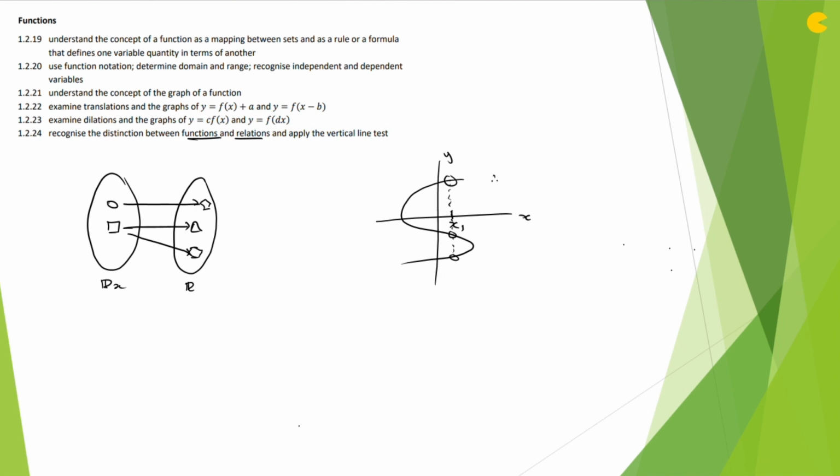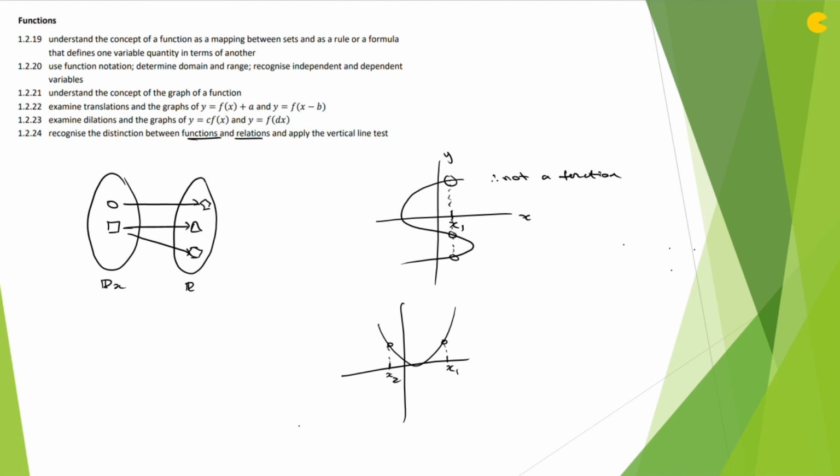This would therefore not be a function. In the case of a quadratic though, each value of x maps onto one corresponding y value. x1 here maps onto this corresponding y value. And x2 over here maps onto one and only one corresponding y value.